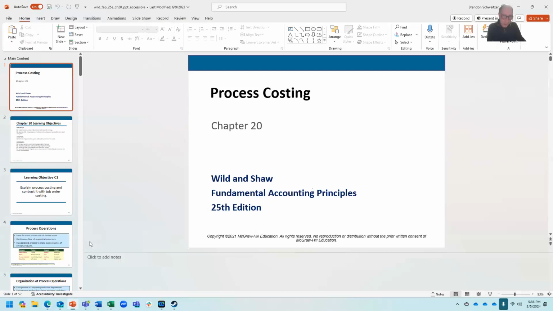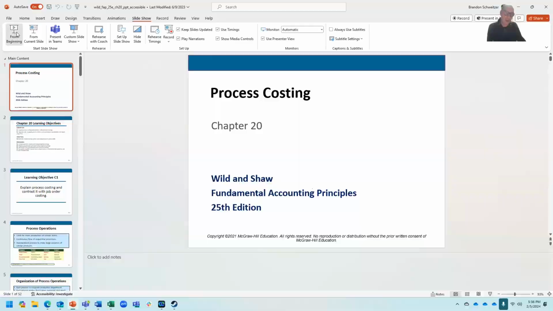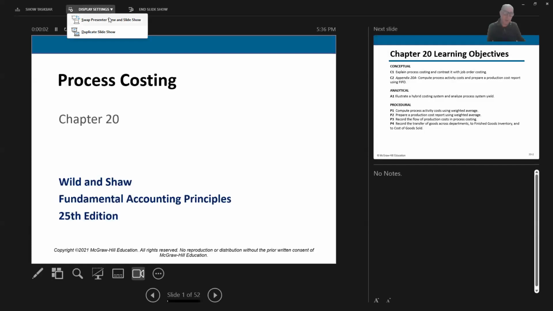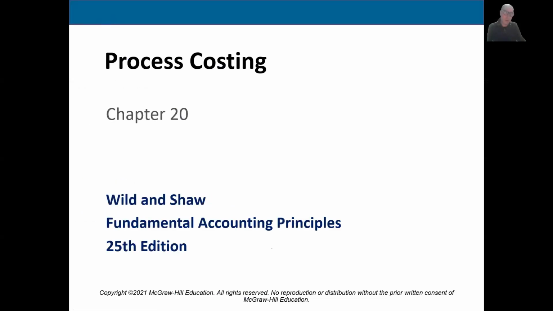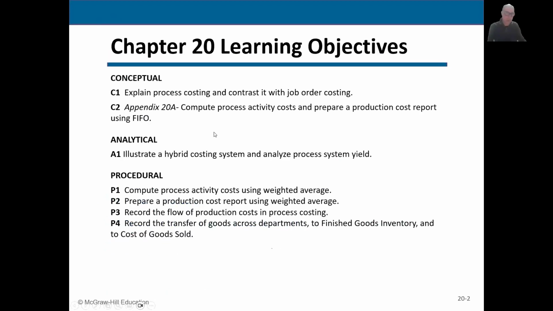Without further ado, let's jump into the conversation on process costing, and we will talk about how it all works. Last week we talked about job order costing. This week we're talking about process costing.